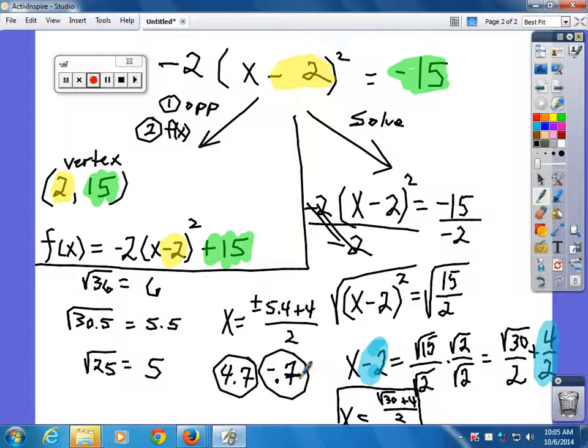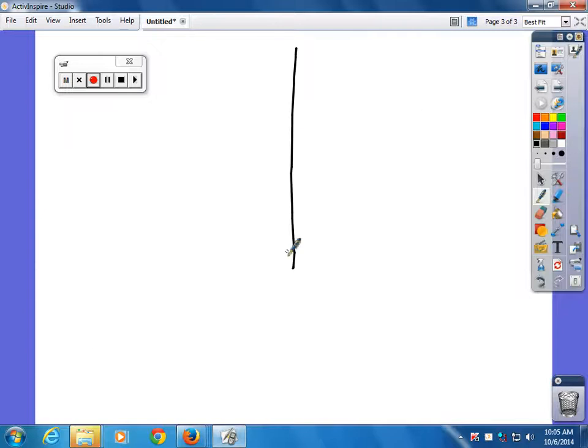So y-intercept is 7. 1, 2, 3, 4, 5, 6, 7. X-intercept is, what did I say, 4.7? 4.7 is right in here. Negative 0.7 is right in there. And what's my y-intercept? I meant my vertex.